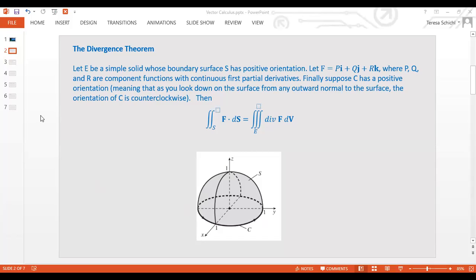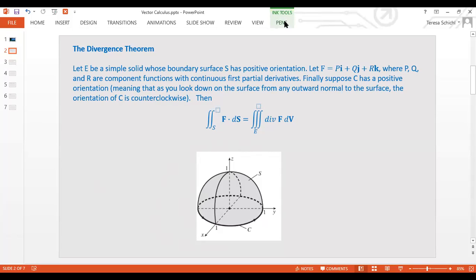Okay, let's take a look here. This is the same picture we used for Stokes' theorem, so let's look at the differences. The first thing we see is that E is a simple solid region.